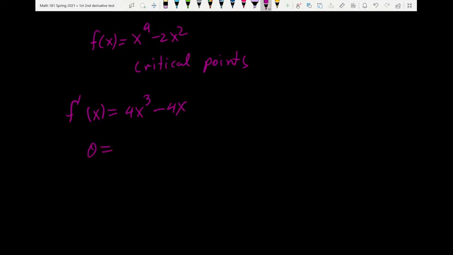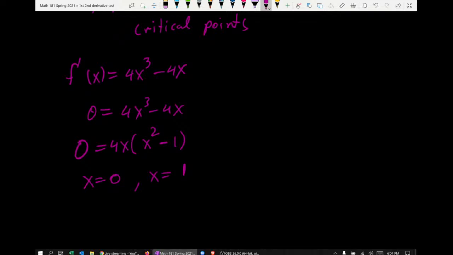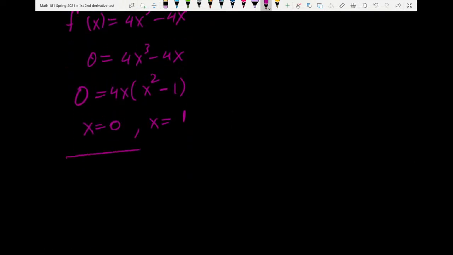Set it equal to 0. To find the critical points, we get 4x times x squared minus 1. So our critical points are going to be x equal to 0 or x equal to plus or minus 1.